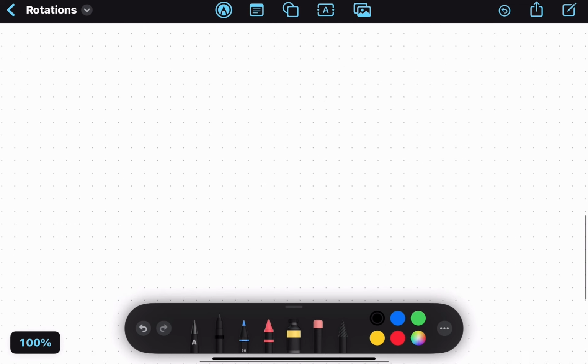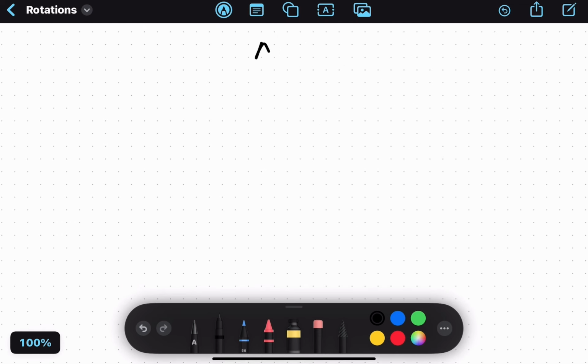I am going to try to do my best to make a coordinate plane.